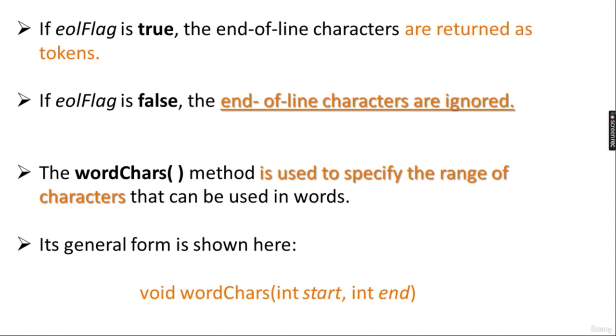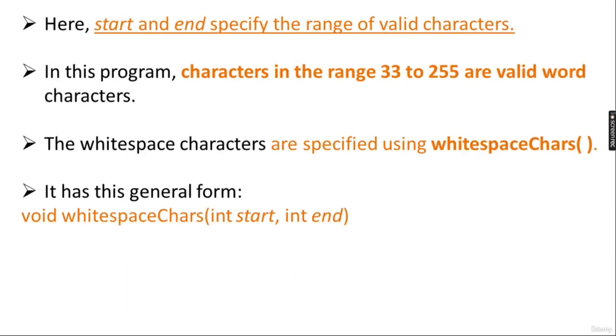The wordChars method is used to specify a range of characters that can be used in words. The general form is shown here: wordChars(start, end). Start and end specify the range of valid characters. Characters in the range 33 to 255 are valid word characters.